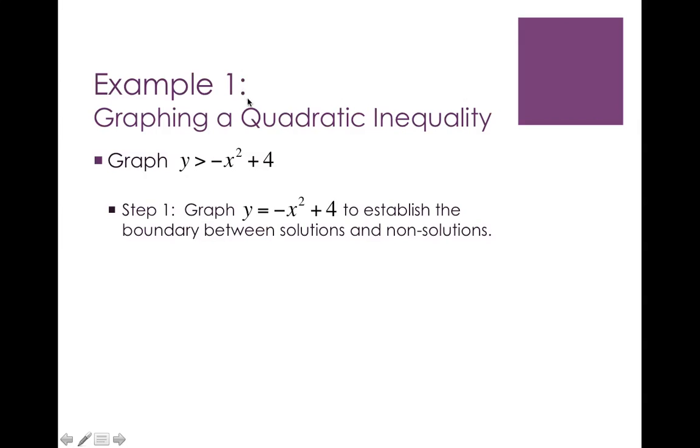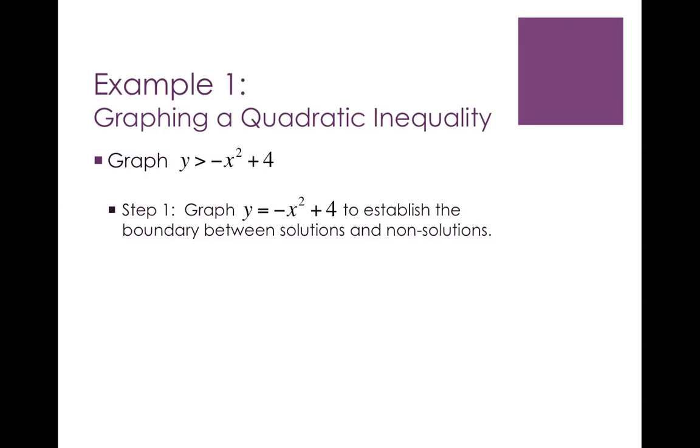Alright, so in the first example, we want to be able to graph a quadratic inequality. So let's say we want to graph y is greater than negative x squared plus 4. Our first step is to graph the equation y equals negative x squared plus 4.